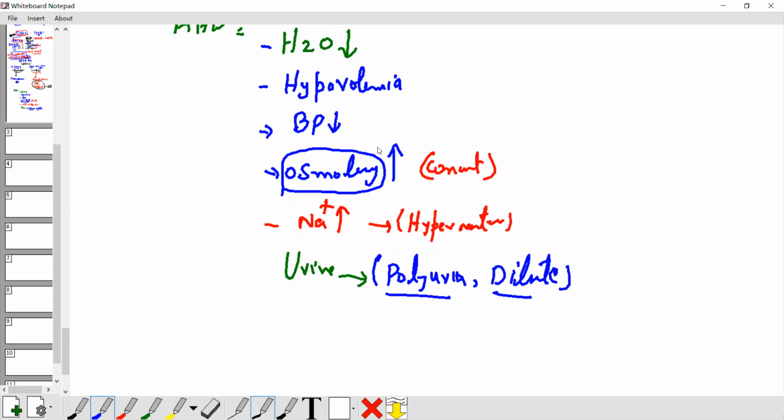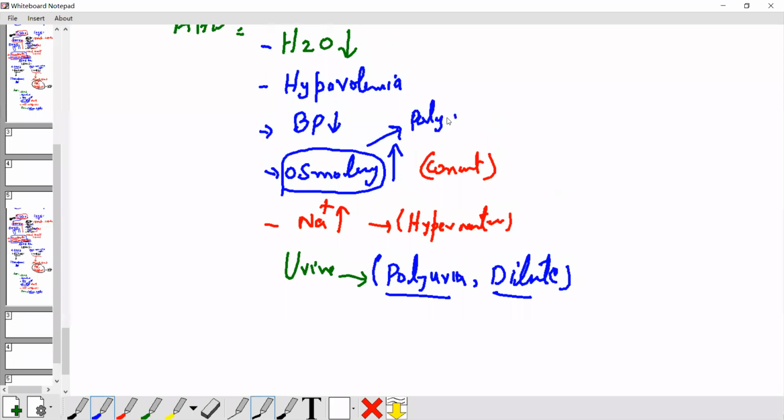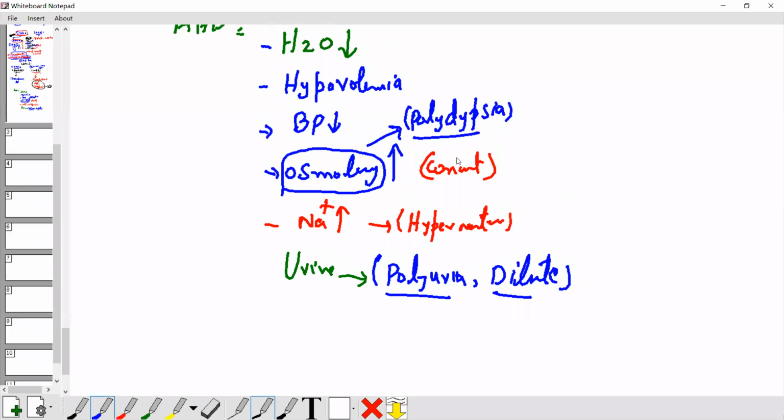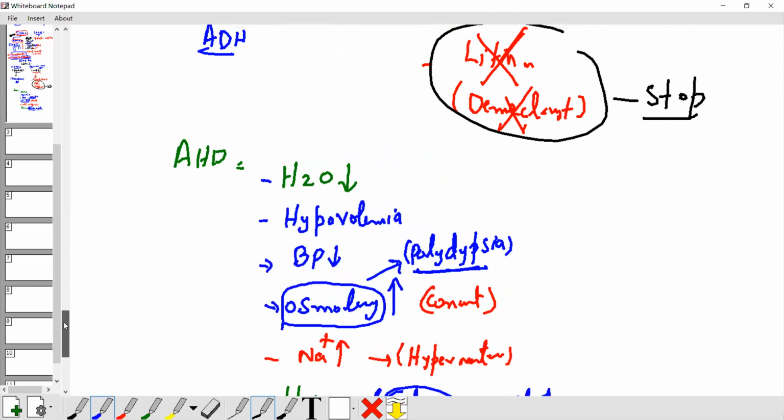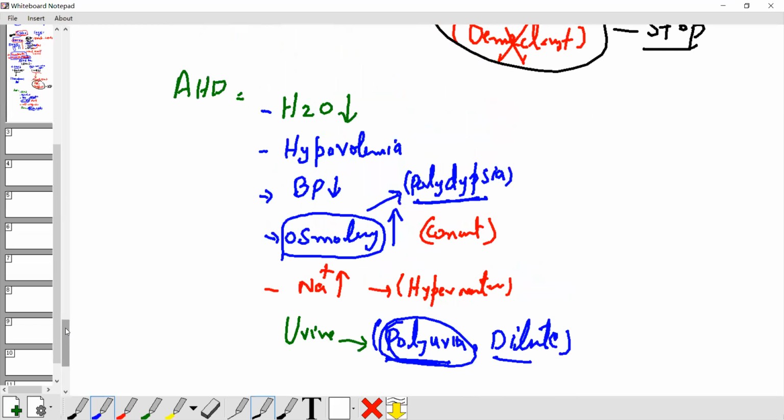This person keeps drinking a lot of water, polydipsia, excessive thirst. Polyuria and polydipsia, just drinking water and again going to the toilet, because ADH hormone is not absorbing water from the collecting duct. Understand?